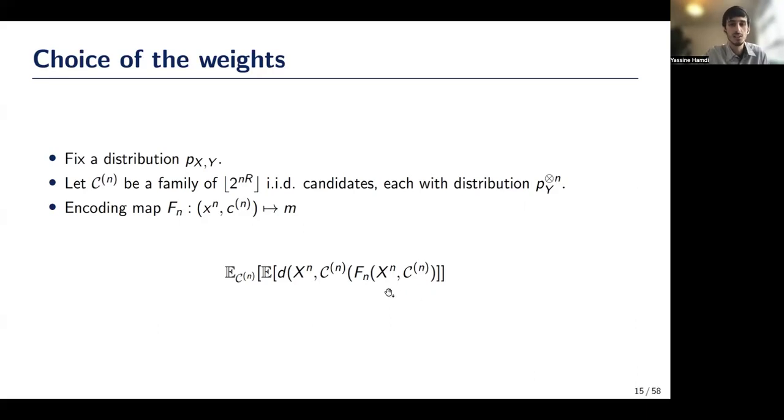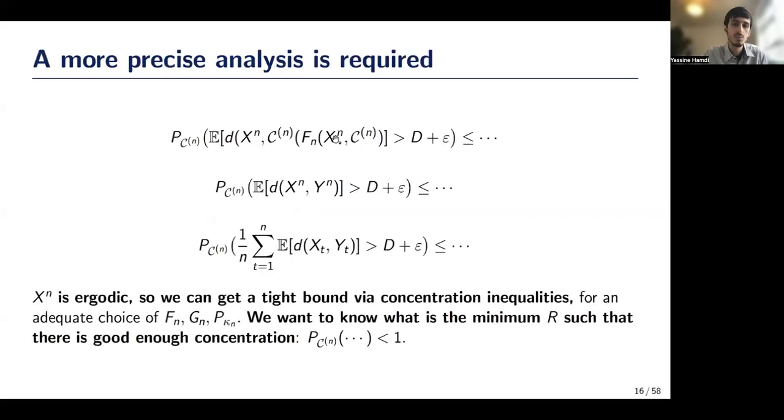Okay, and now I just want to give you some additional remark. I have hidden a small difficulty, which is that if you want to find the exact optimal value of R, it's not enough to just look at the expectation of this quantity, but it might be important to look at the distribution of this quantity.